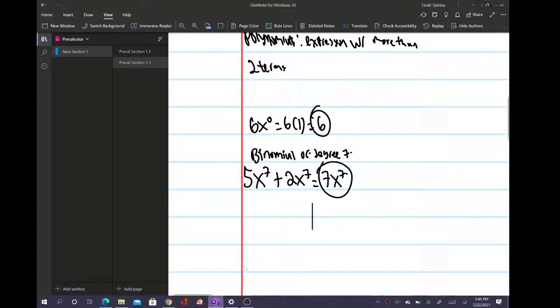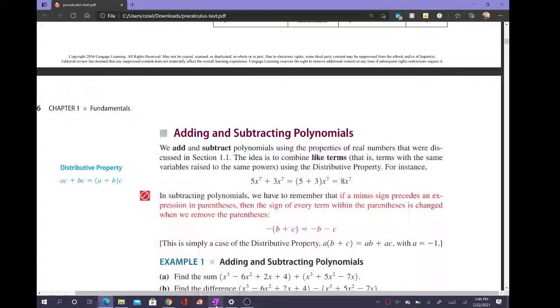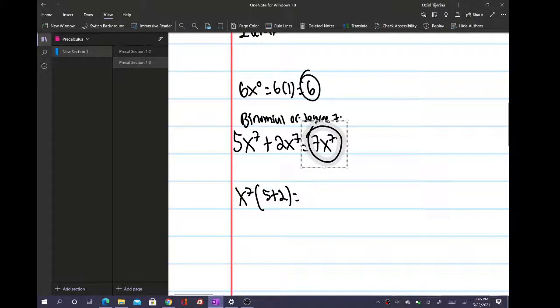Now, they did do it in a different way, and I know it's a 3, but it's the same idea. They said x to the 7th times 5 plus 2 is equal to, it's the distributive property, so 5 plus 2 is 7, so in reality, it's just 7x to the 7th.